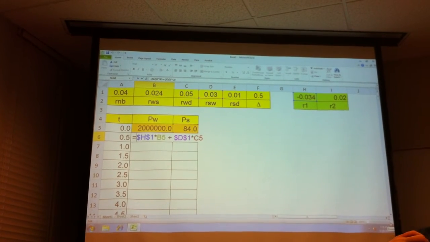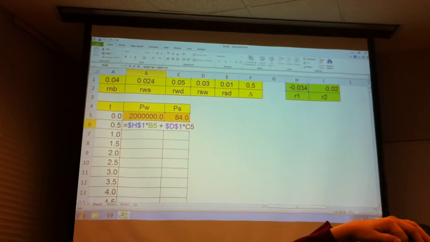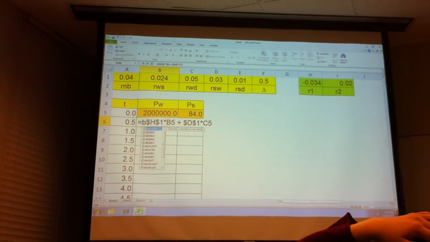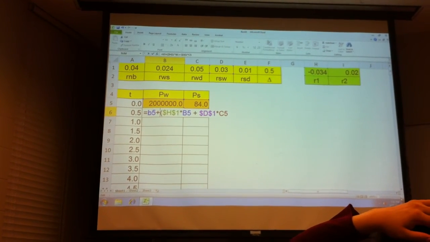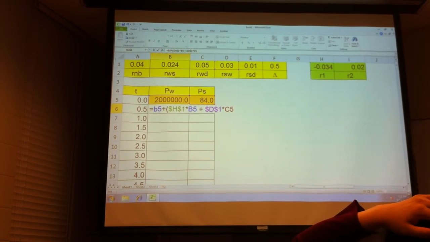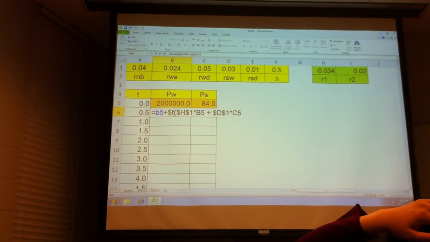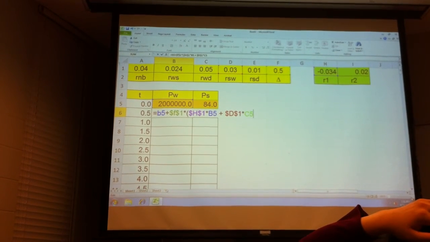I'm going to add in the guy, which is B5. Put a parentheses around this. What's the delta? F1, dollar sign F, dollar sign 1 times all of this. And then I need the parentheses.